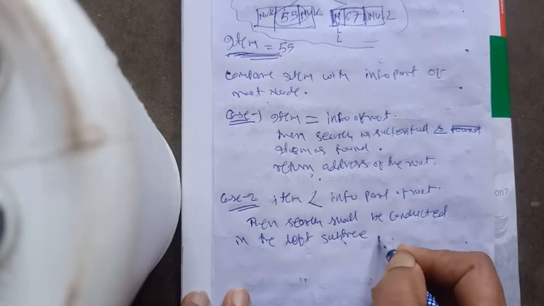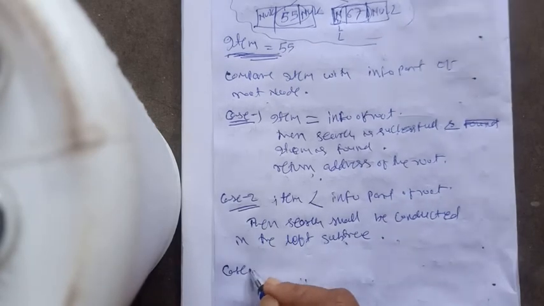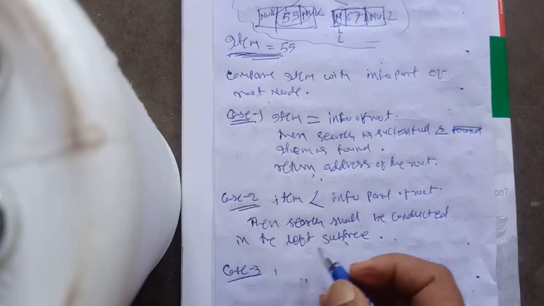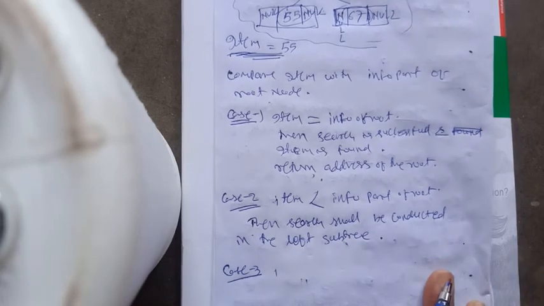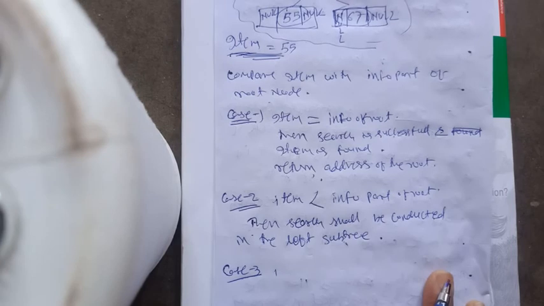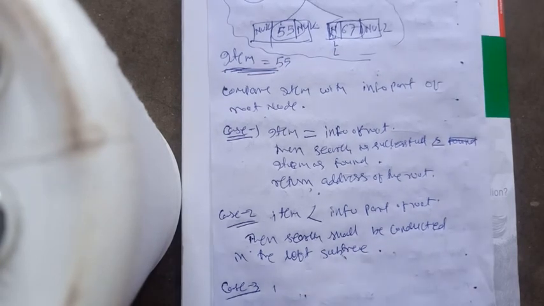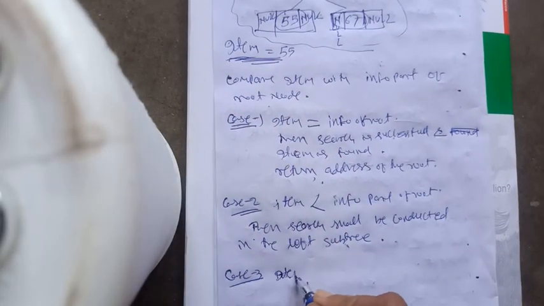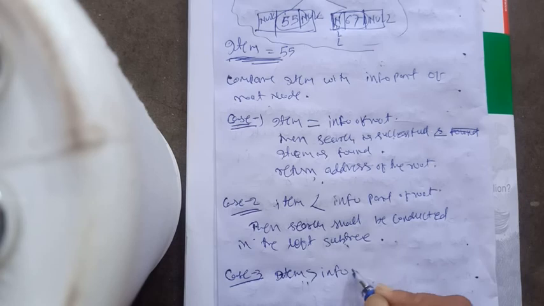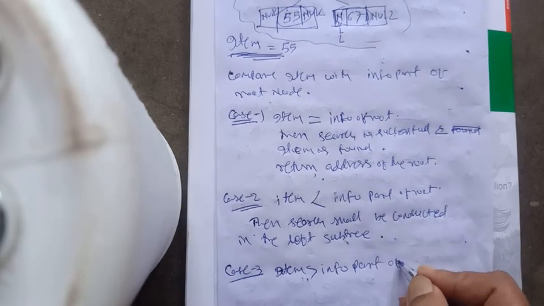When the search is conducted in the left subtree, the root address of the left subtree must be set, and the comparison shall be continued. Case 3: item greater than the info part of root.